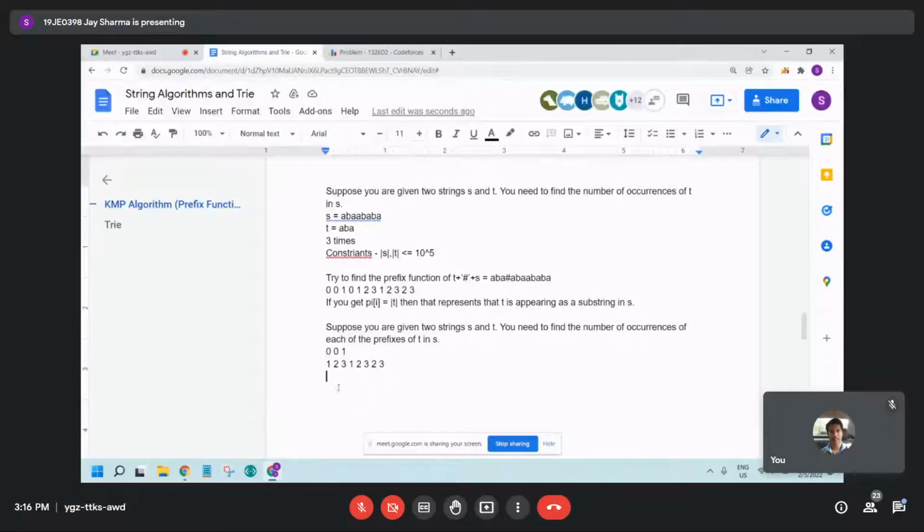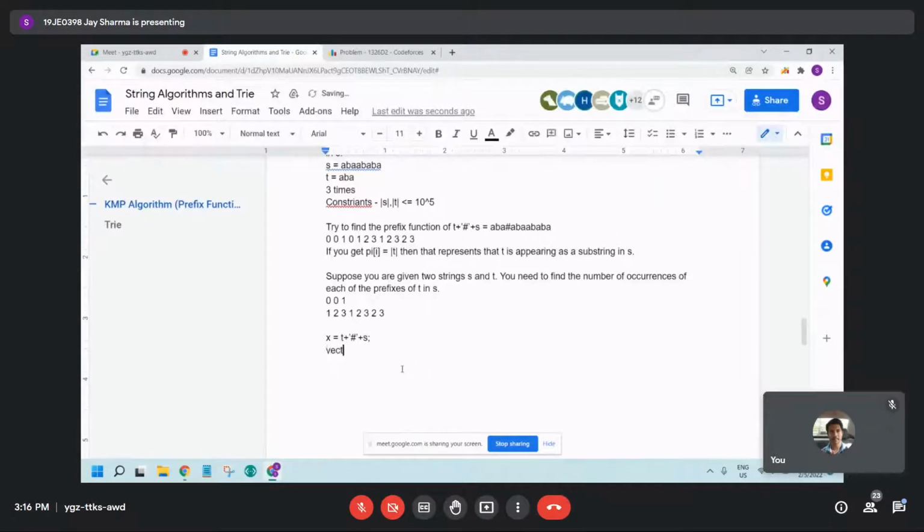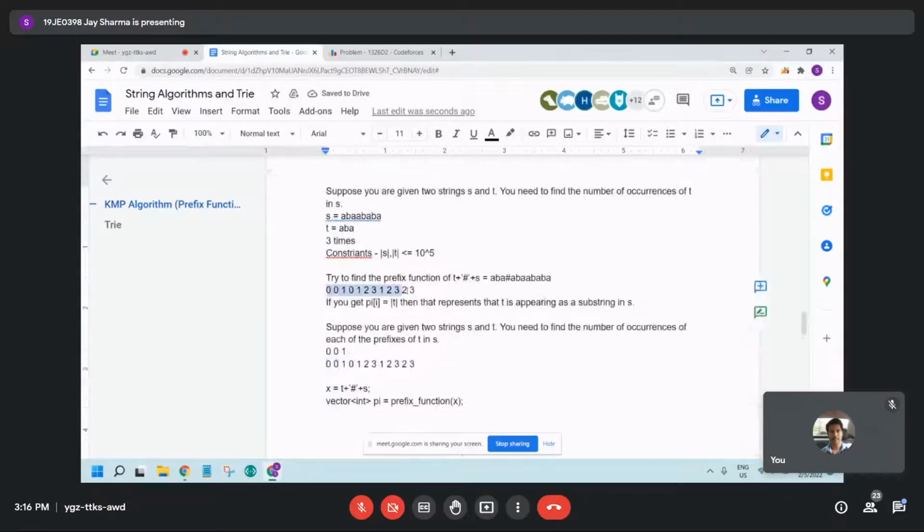Basically, we are first making a string, let's say x, which is equal to t plus hash plus s, and let's say we have a vector int pi equal to the prefix function of x. I have made a function to implement the prefix function, so I'm not going to write it again. This vector pi will represent what we got in our last example.